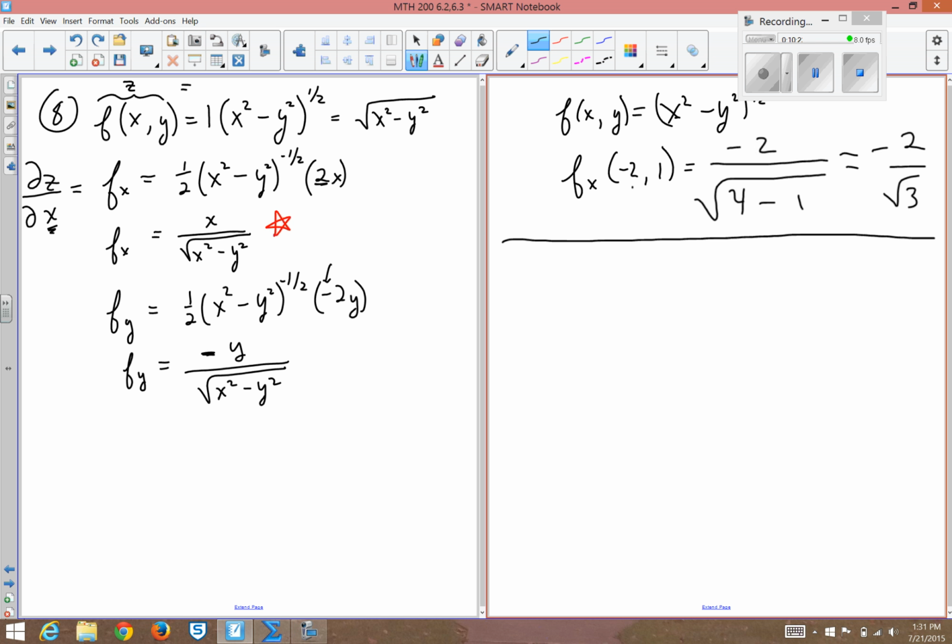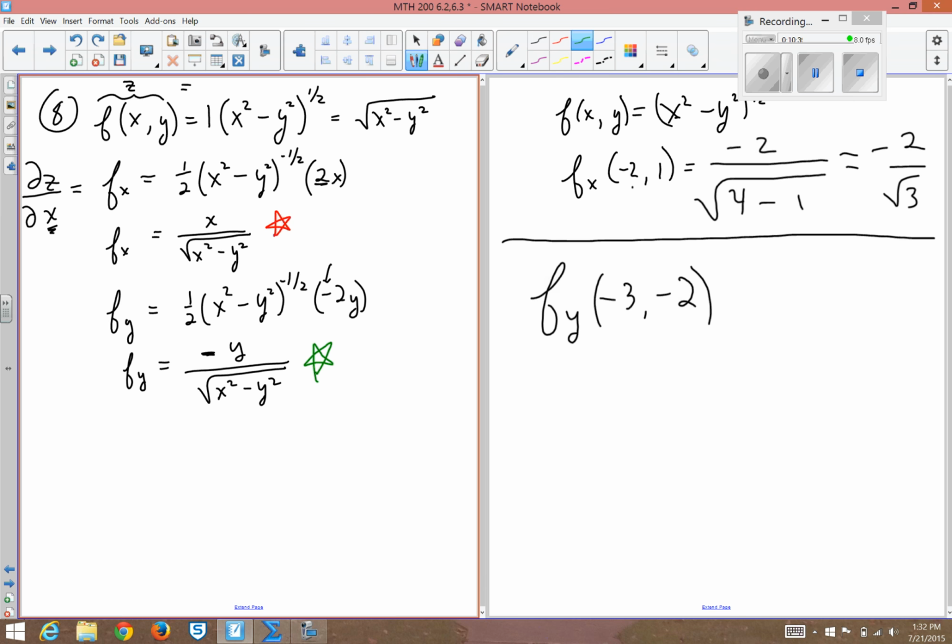And the last part of number 8 asks for the partial derivative with respect to y at the point negative 3, negative 2. Partial with respect to y is over here by the green star.